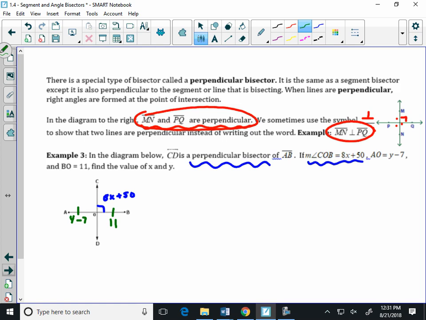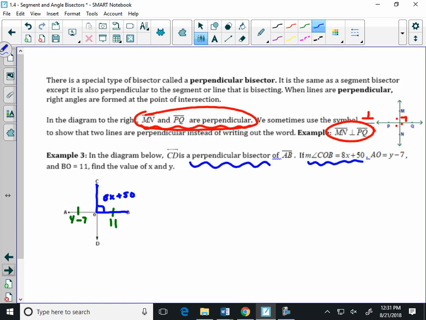To find x, because it's a little different, we were given an angle. We were told that this angle right here is 8x plus 50. But we just talked about how, because it's perpendicular, they're all right angles. What do we know about the measurement of all right angles? They're 90. So if we know this angle is 90, and we also know it's 8x plus 50, how can we set up the problem to solve?